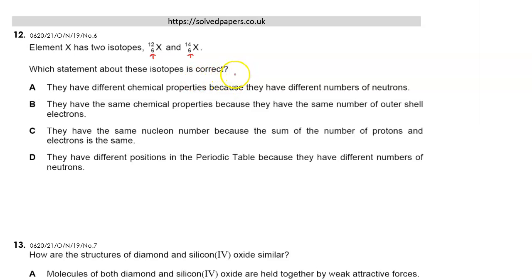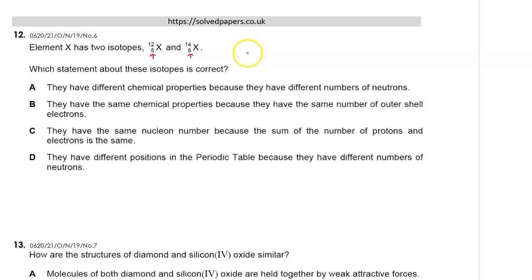Of course, we have mentioned that isotopes are atoms of the same element with the same number of protons but a different number of neutrons. That one you know. If they are atoms, then they have the same number of protons as electrons. Remember that.